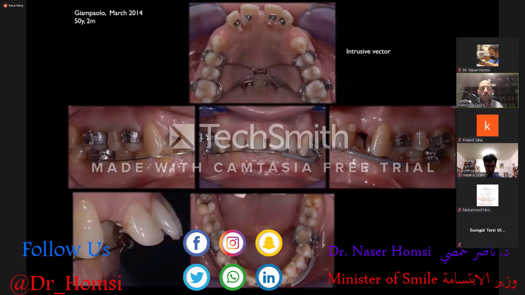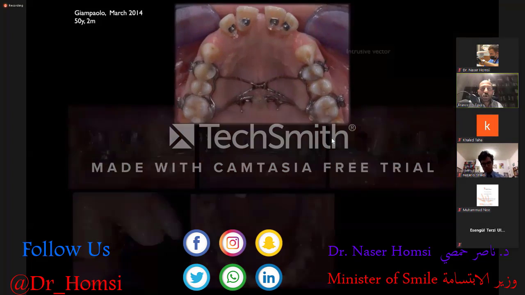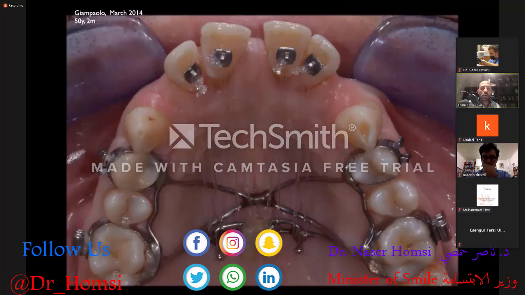Let's go back to Paolo, and let's go back to his appliance. Here we have an anchorage device in the upper arch. We have safely connected together the upper first molars, on the left and on the right side, and the first premolars on the left and on the right side.